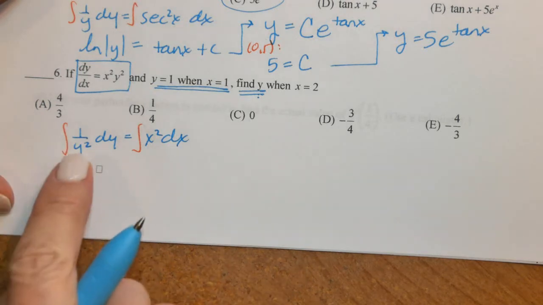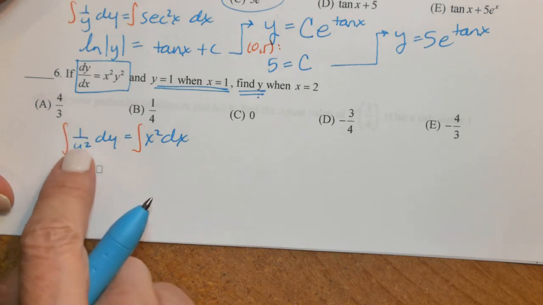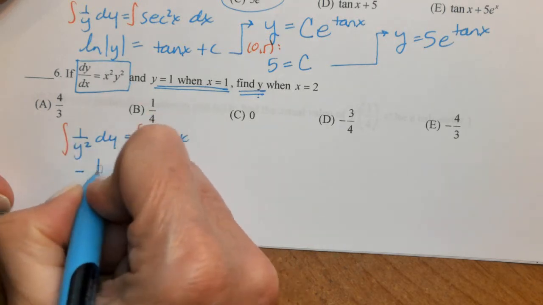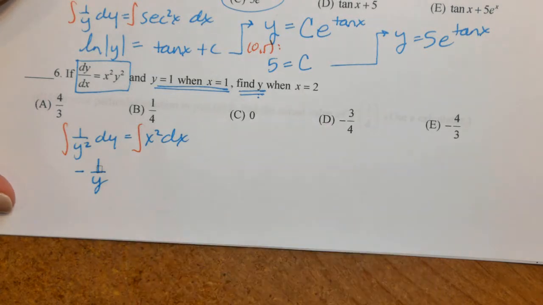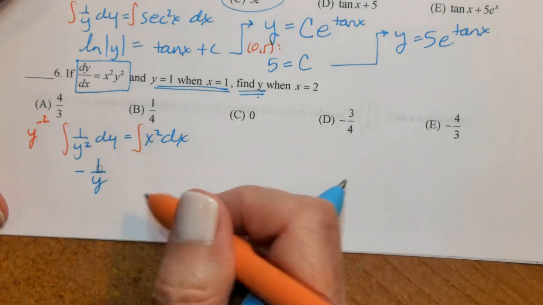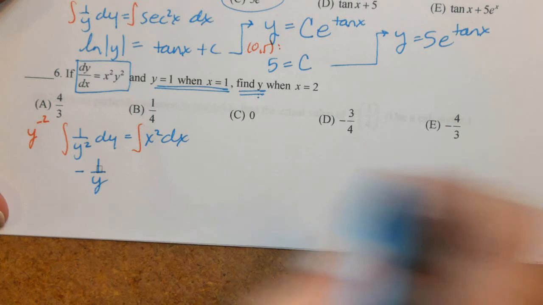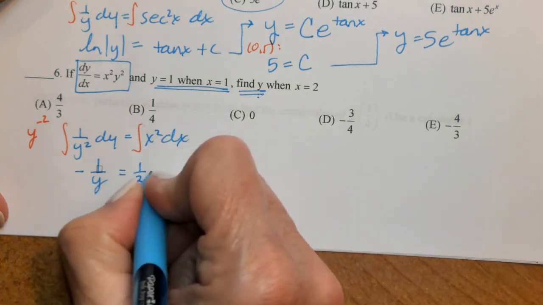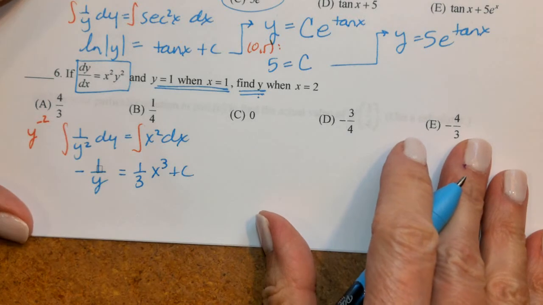This is not a natural log, so don't tell me that that's a natural log. The antiderivative of 1 over y squared is negative 1 over y. Okay? If you don't know why that's true, you're changing that to y to the negative 2 and using the power rule. The power rule gets you negative 1 over y is equal to 1/3 x cubed plus c. Okay?